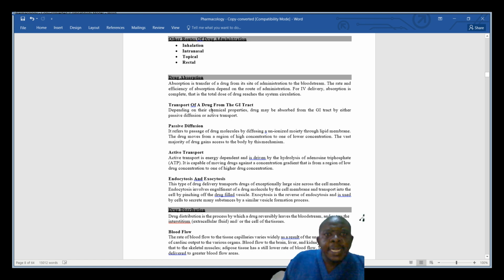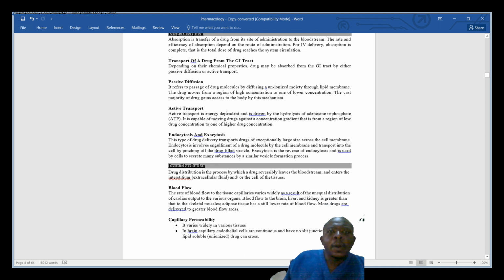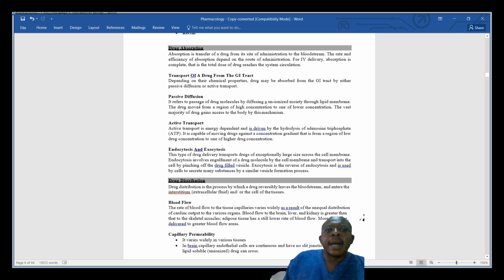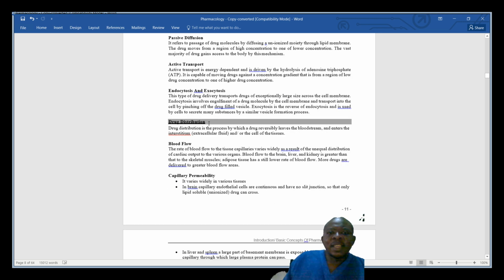In drug absorption, we have talked about how drugs are absorbed mostly by passive diffusion, from high to low concentration, then active transport from low to high concentration, then endocytosis, the drugs being eaten up by a cell, invagination of a cell to eat the drug, or exocytosis.